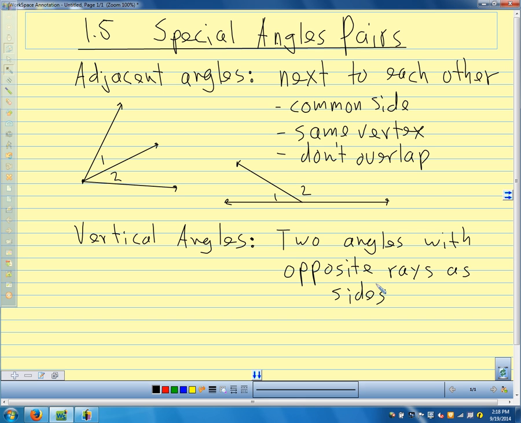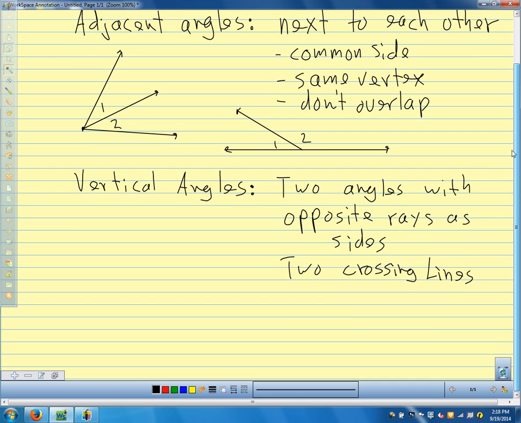And if we put two opposite rays together, what do they make? A line. So we can think of this as two crossing lines. And the other way that helps us visualize it is they make an X.